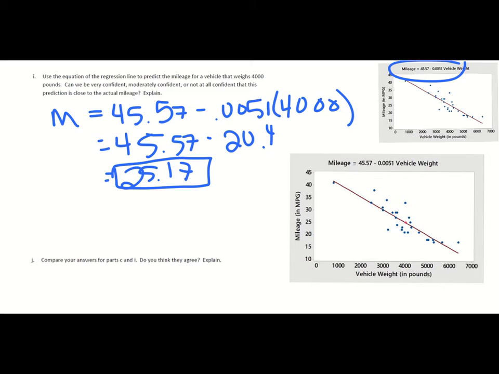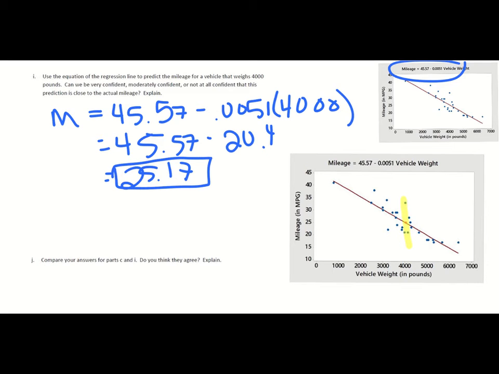They basically want you to know, is that going to be an accurate representation of the points around it right here? Let's use a highlighter instead. Is that 25.17 going to be an accurate representation of those points right there?